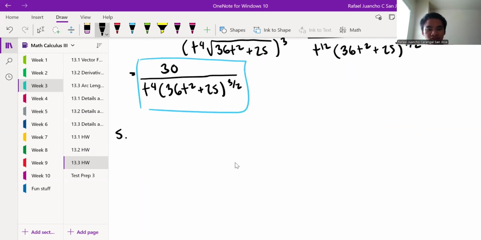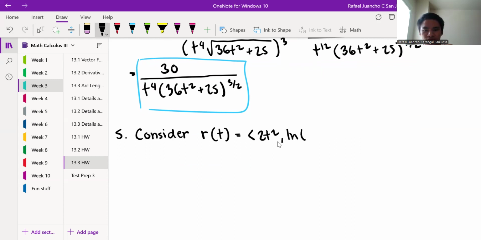So here we're being asked to consider a vector function. And so this is 2t squared, comma, ln of t, comma, t ln of t, right?